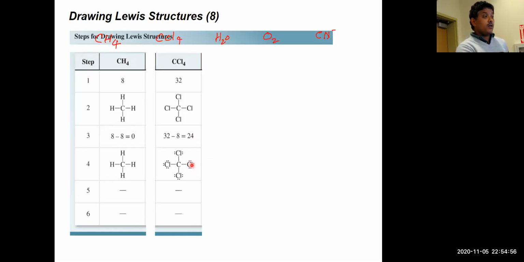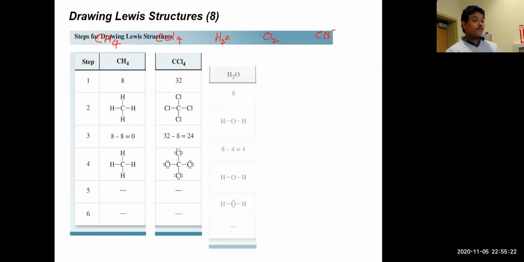Each chlorine already has 2 electrons from the bond, so you need to give a total of 3 lone pairs to each chlorine. So each chlorine has 3 lone pairs, which ensures the octet rule on all the chlorines.